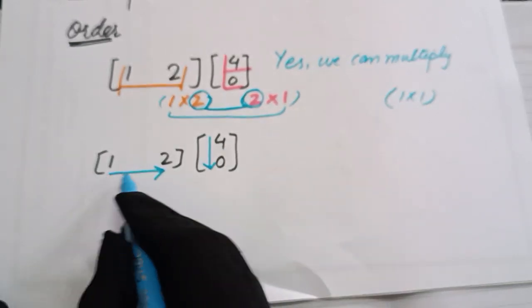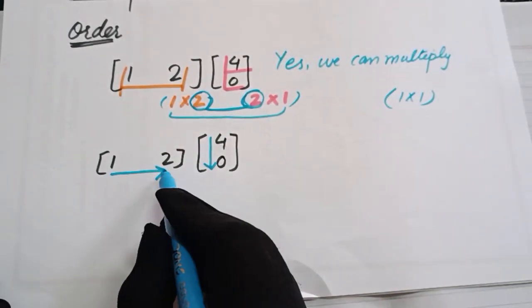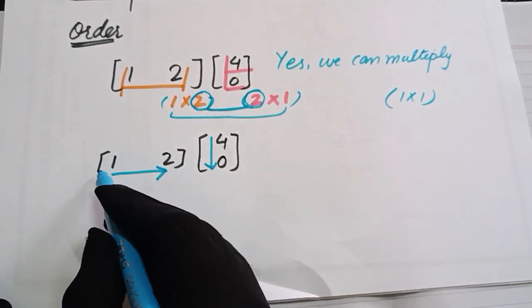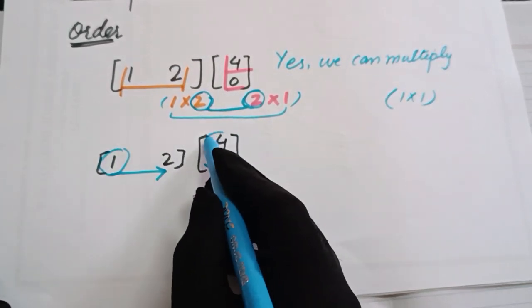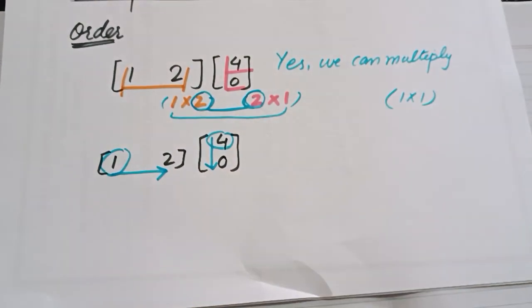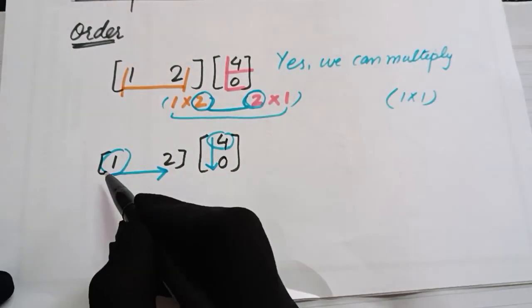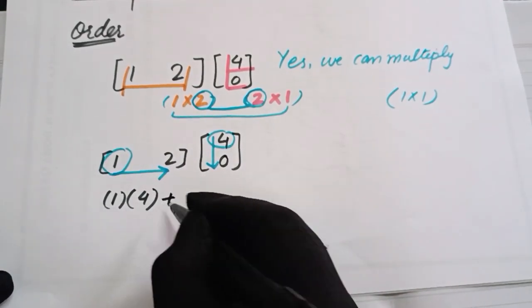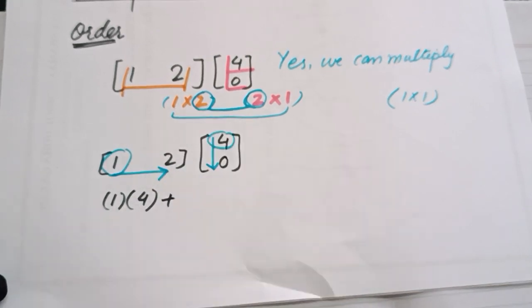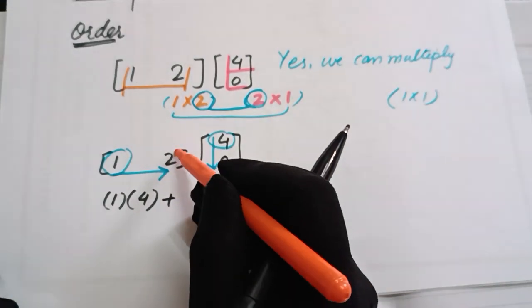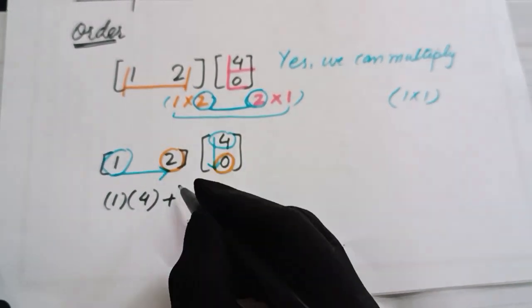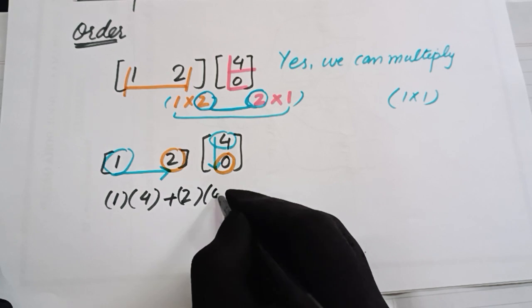Now the arrow has a tail and a head, so easily we can multiply. Correspondingly, tail multiply by tail. So tail 1 multiply by tail 4, plus head multiply by head, this head multiply by arrowhead, 2 multiply by 0.